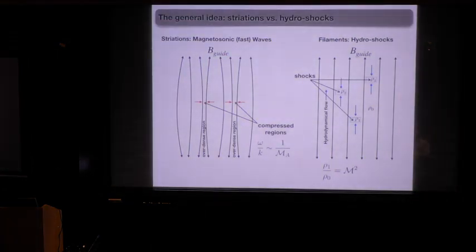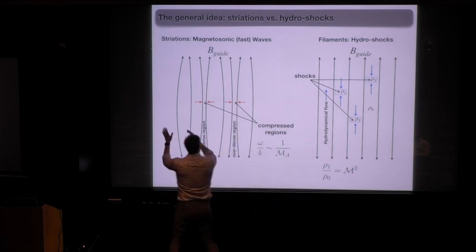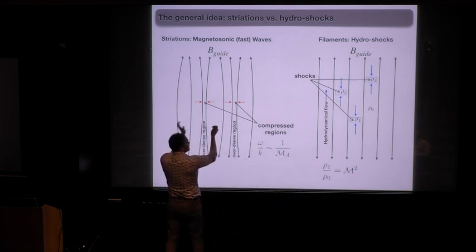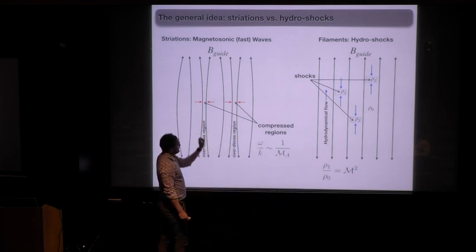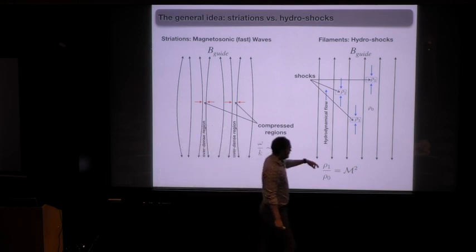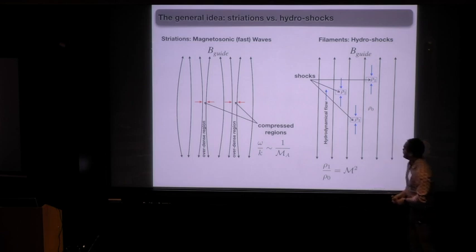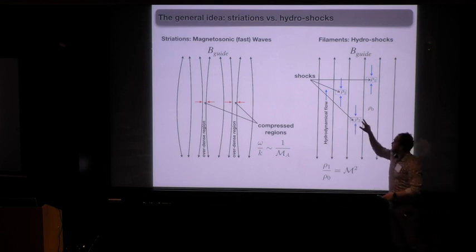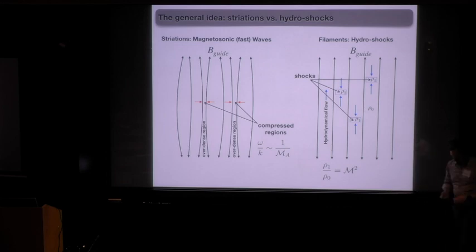The whole idea behind these things is that you essentially have these magnetosonic fast waves that travel through the fluctuating magnetic fields, and they create these overdensities that run parallel with the magnetic fields. But then you also have this hydrodynamical flow that's flowing really fast up the fields and creating these really strong perpendicular shocks.